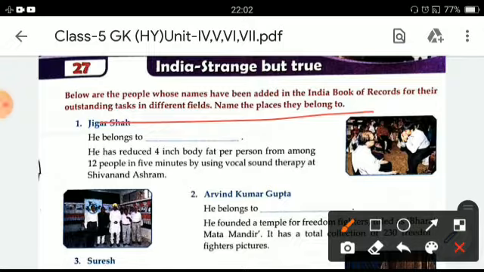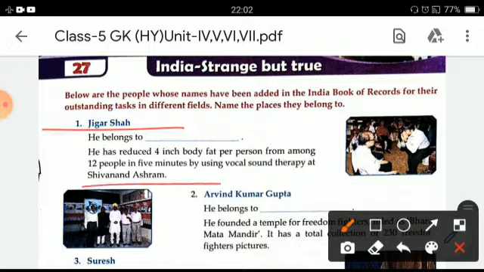The first person is Jigar Shah. He has reduced 4-inch body fat per person from among 12 people in 5 minutes by using vocal sound therapy at Shivanand Ashram. He belongs to Ahmedabad.